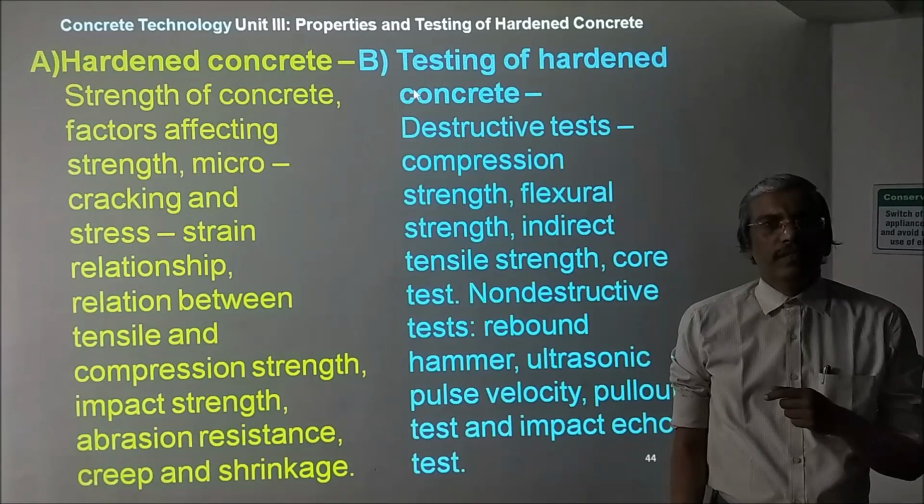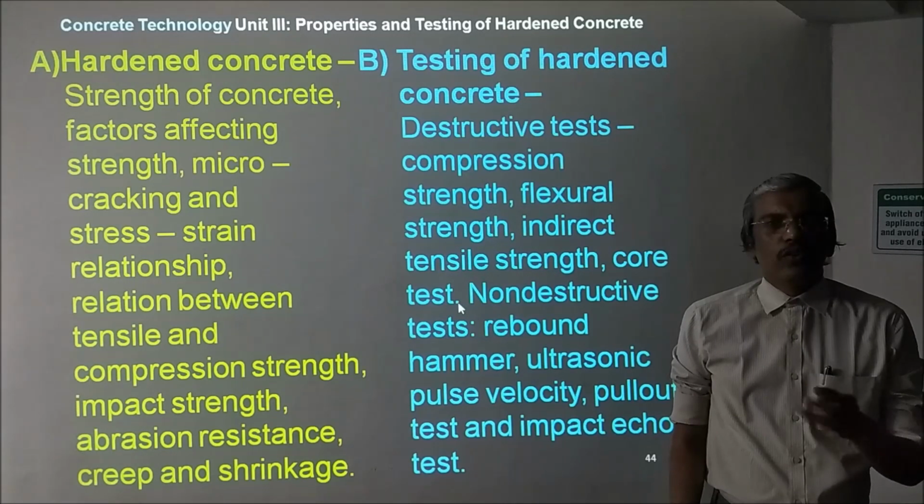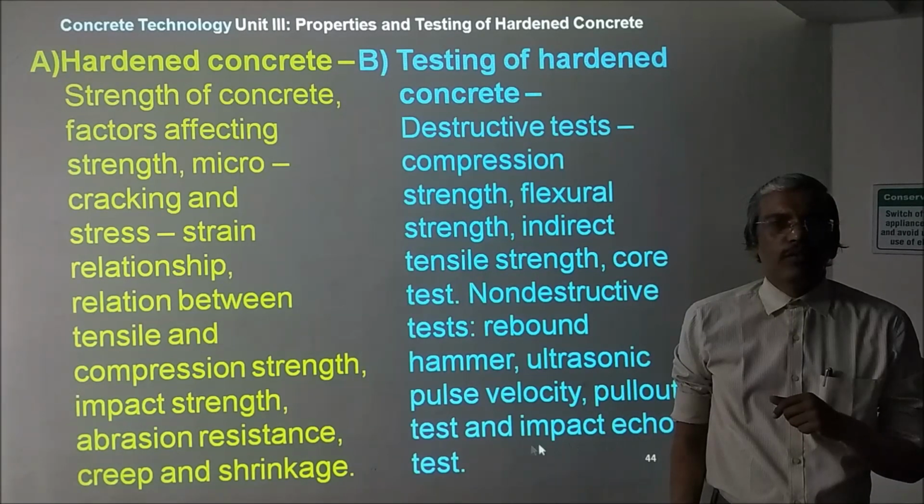Part B, testing of hardened concrete, includes destructive tests: compression strength, flexure strength, indirect tensile strength, core test; and non-destructive tests: rebound hammer, ultrasonic pulse velocity, pull-out test and impact echo test.